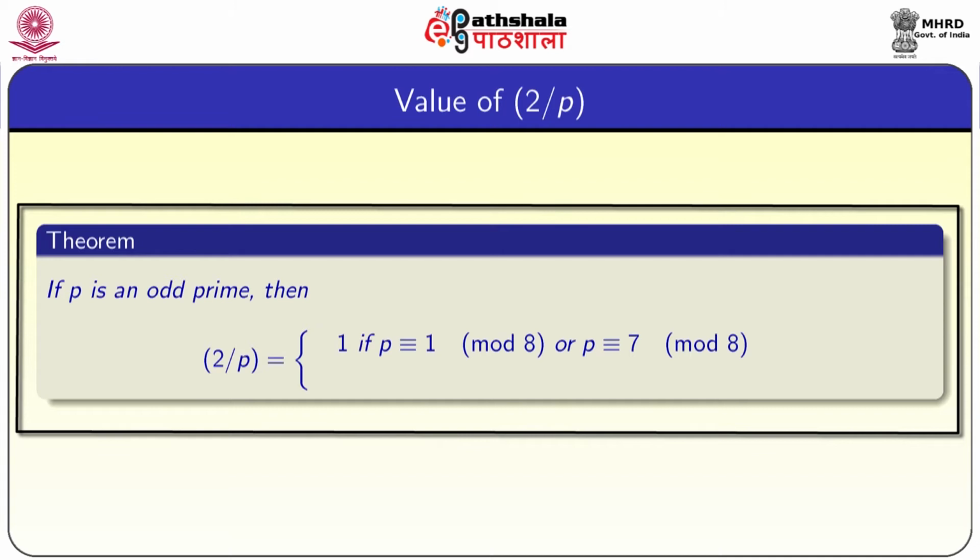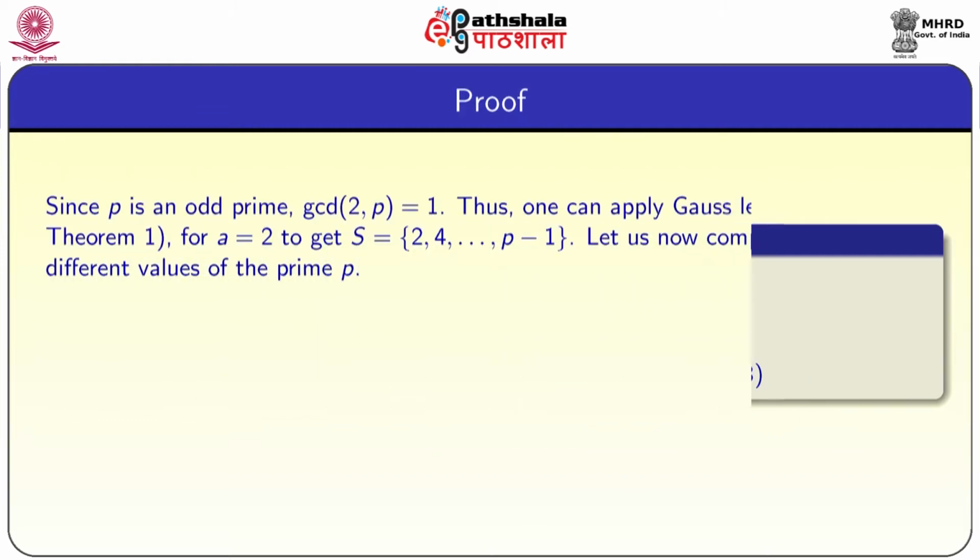The theorem statement is that if p is an odd prime, then (2/p) is equal to 1 if p is congruent to 1 mod 8 or p is congruent to 7 mod 8, and equal to minus 1 if p is congruent to 3 mod 8 or p is congruent to 5 mod 8. So, we covered all the primes now. We computed the Legendre symbol (2/p) for all primes p. We are going to prove this result now.